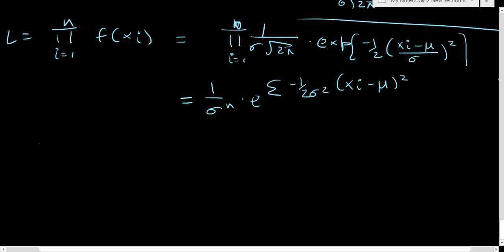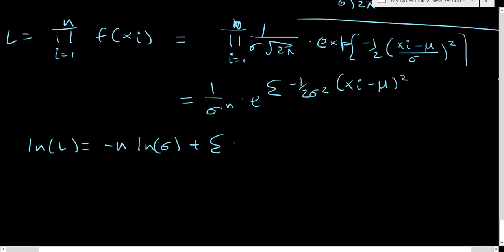Now I'll take a log. So the log likelihood function looks somewhat like this. Obviously, this n would come outside and it would be a negative because this is 1 upon sigma. So that would be minus n log sigma, and then log of this would obviously be 1, and whatever is in the power would come down.